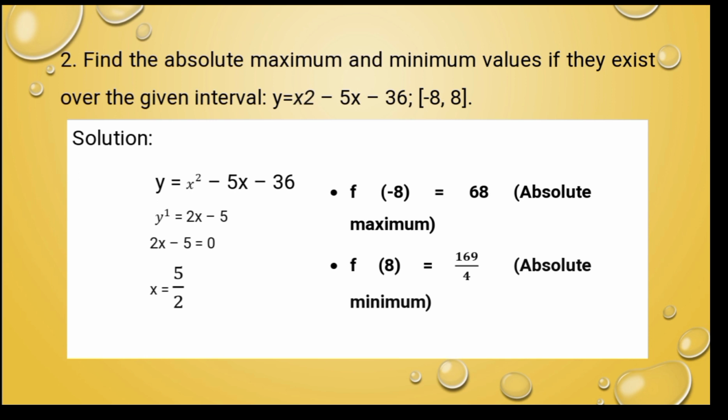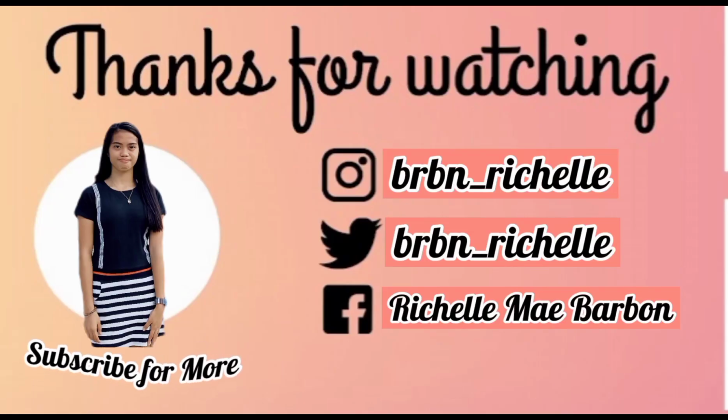It is an absolute minimum. Then for f of 5 over 2, by substituting we have the result -12.